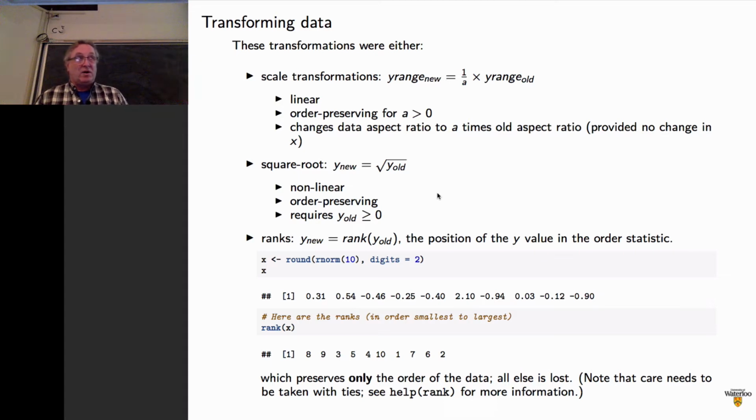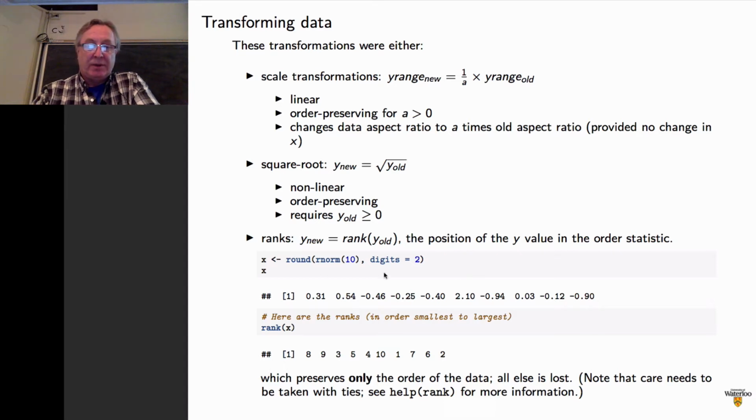Of course, it has to work on non-negative numbers. We can't have negative numbers under the square root sign or we end up with complex values. And the ranks, they preserve the position here. It's only preserving the order of the data. It's definitely nonlinear, and it preserves the order. Okay.